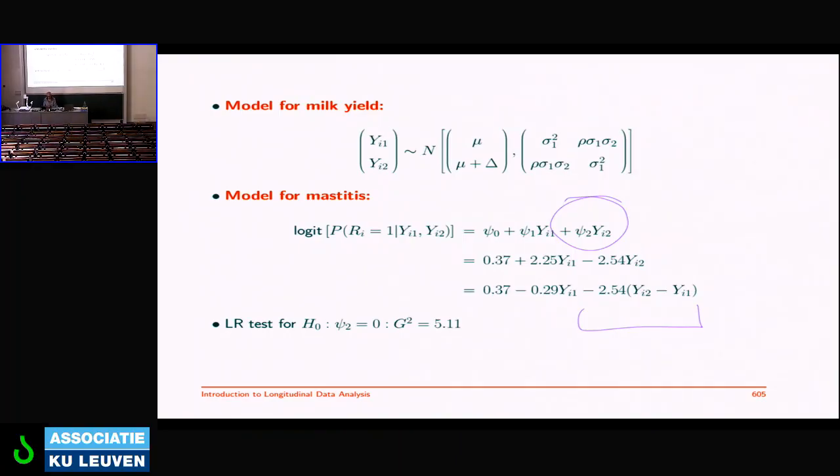And maybe, just maybe, the missing y2 values behave totally differently from the observed ones. Had I observed milk yields on those 27 cows, maybe they were all 0. They didn't produce anything, or they all doubled, or something like that. Well, some scenarios will be pretty weird and implausible, but others may well be plausible. And of course, I can make up many scenarios. I'm not a dairy scientist.